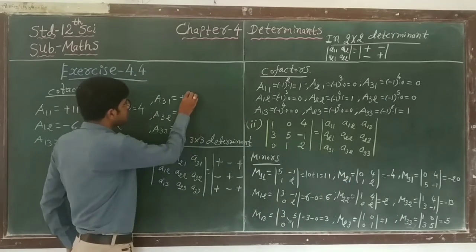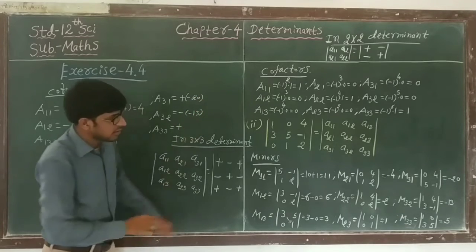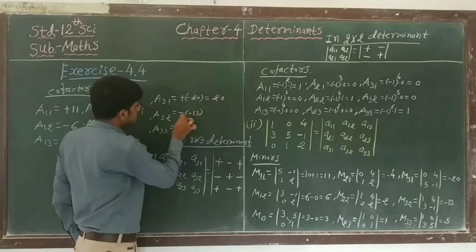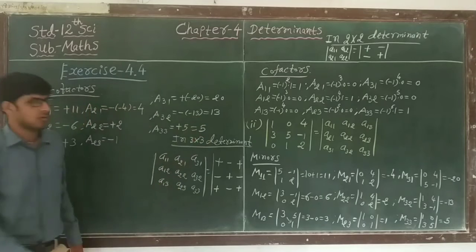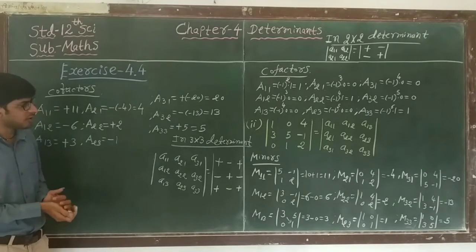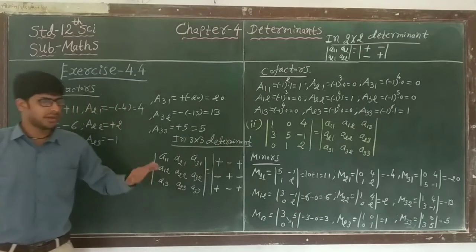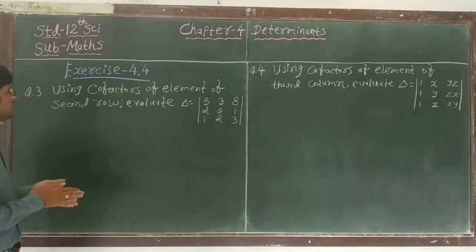So minus 20, minus 30 and 5. So it gives 20, minus minus plus 30, and plus 5. Is it clear? Simply we have to multiply the sign with the minor. It gives the cofactors of the given elements.